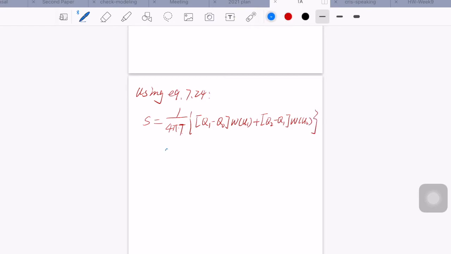And we know the Q1 is 800 cubic meter per hour, and the Q0 is 0, and the Q2 is 500 cubic meter per hour. And we also know W of U1 is 9.248.